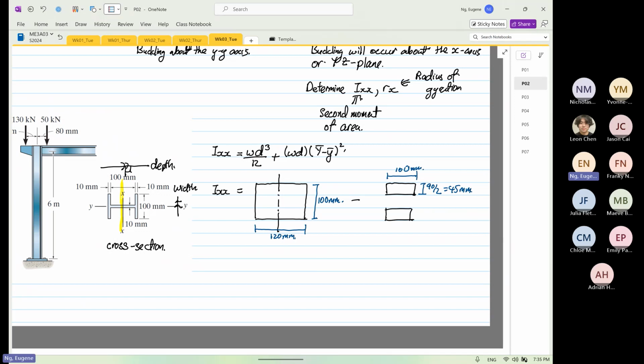Okay, so I'm going to calculate the second moment of the solid first. Then I'm going to take away the top and the bottom. Okay, and that is your second moment of area. So over here, the width is equal to 100.